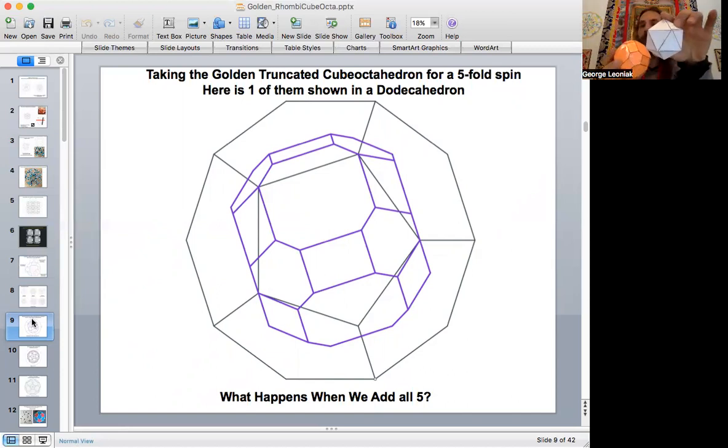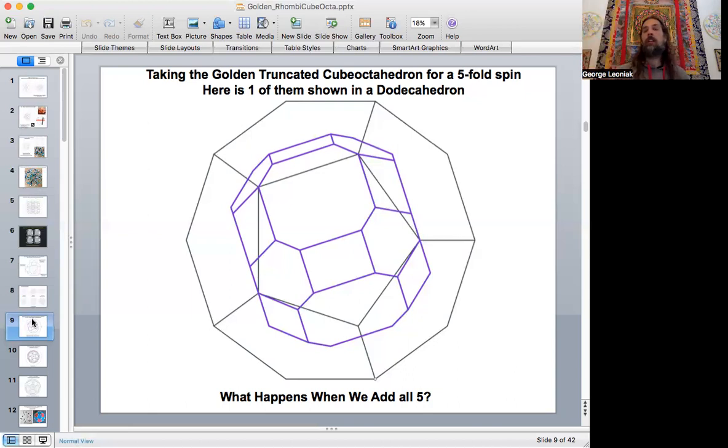So what happens when I start to move this around to essentially make 5 of these inside of this? Because this is one cube, let's say, truncated. It's a cube that's been truncated, or a cuboctahedron that was the original truncation, but there's one of them. And in the dodecahedron, there are 5 cubes or potentially 5 of these.